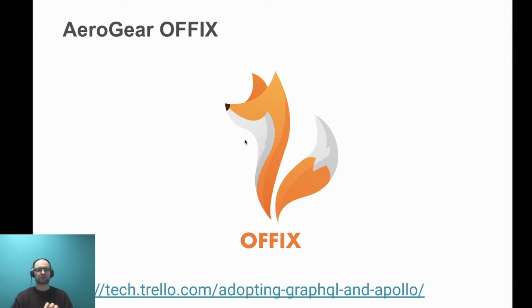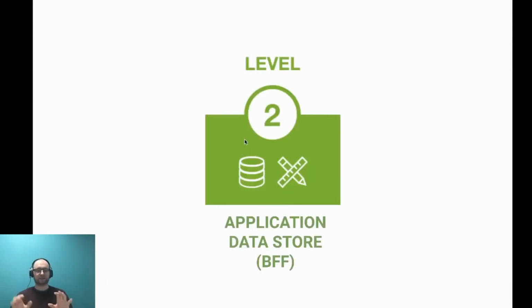So level number 2 is the application data store. Some people call it backend for frontend, but here I'm going to speak a little bit more about the client side of things. The backend is also being generated here as a collateral, but its most important part is the client.